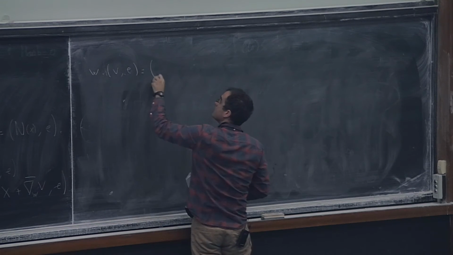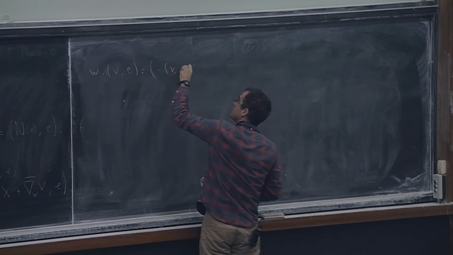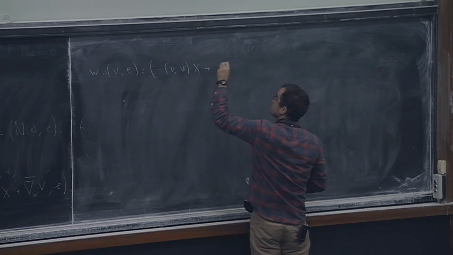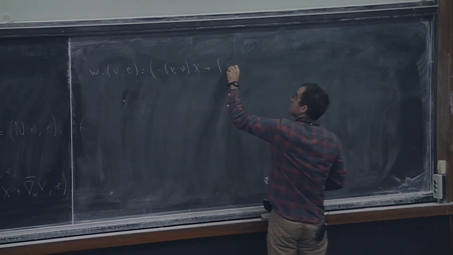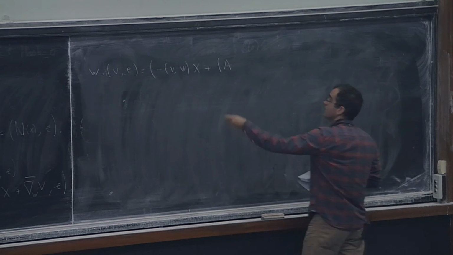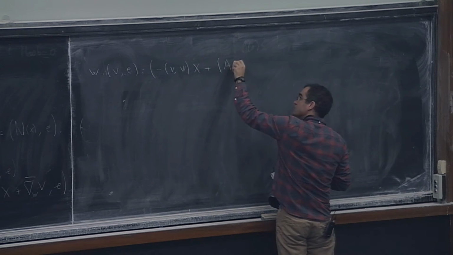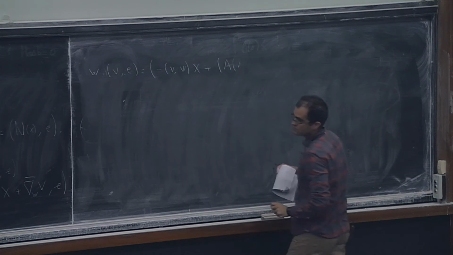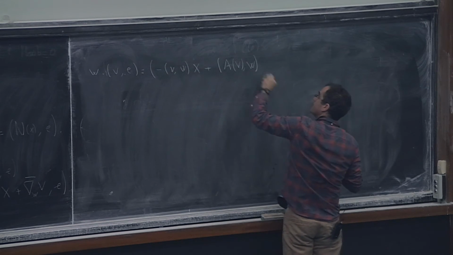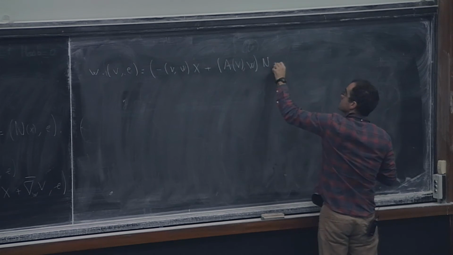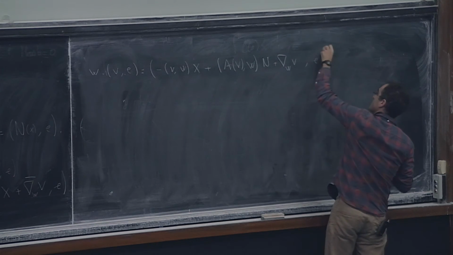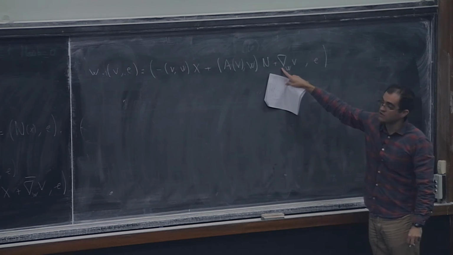There is minus (v, w) x plus something which is, if I use A to denote the shape operator of my hypersurface inside the sphere, A of v, in fact it's symmetric so no worry, n, plus nabla_w v. You take the scalar product with e. And here it's just the connection inside sigma.